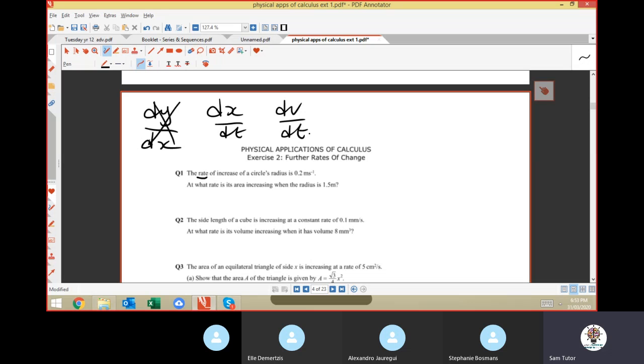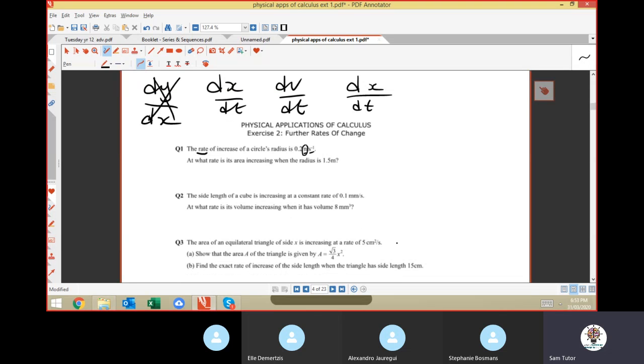The trick is, if you've got something that says meters per second, meters would be distance, usually represented by x, and per second represents time. In this case, it says centimeters squared per second. That means d of the area over dt. Does that make sense firstly?